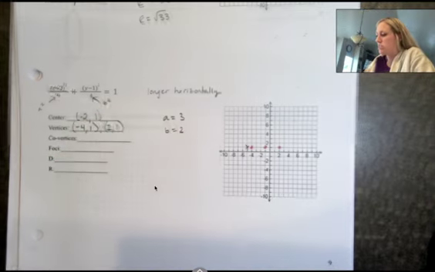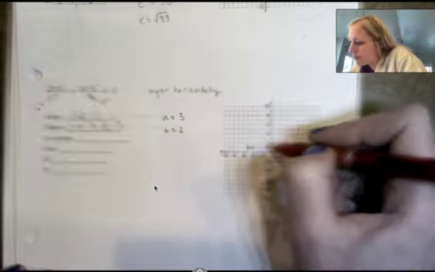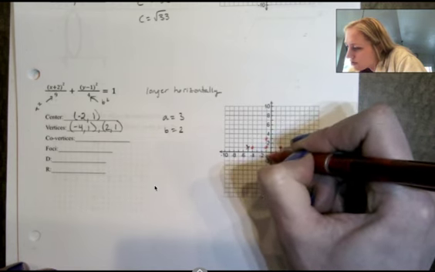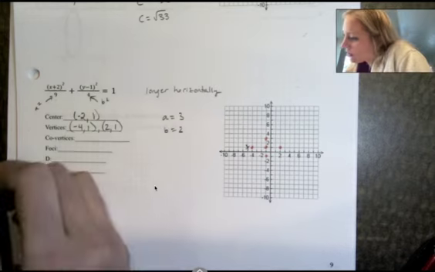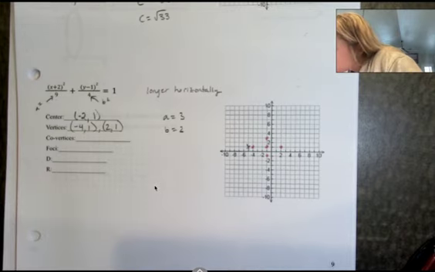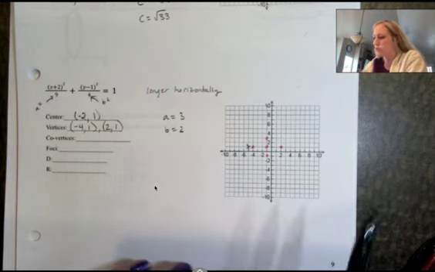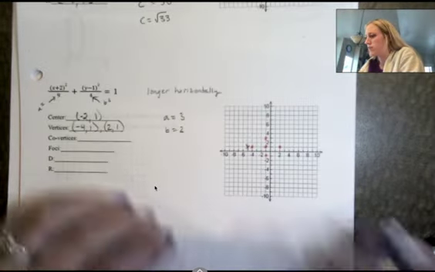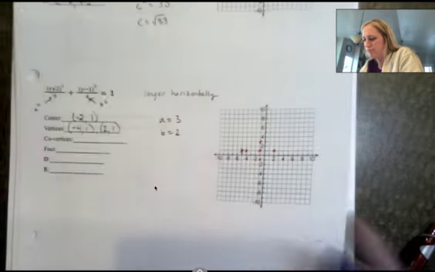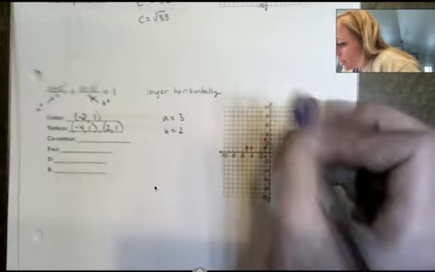Okay, co-vertices, we're gonna use B. So from my center, I'm gonna go up 2 and down 2 and write those coordinates down. So we've got negative 1. Oh, no wonder, you guys. Okay, I'm just going to start fresh on this one. Let's see if I got a different graph. Yeah, sorry, of course I used a pen.